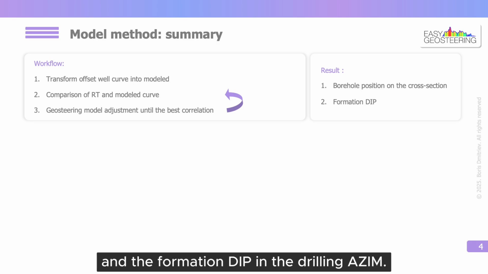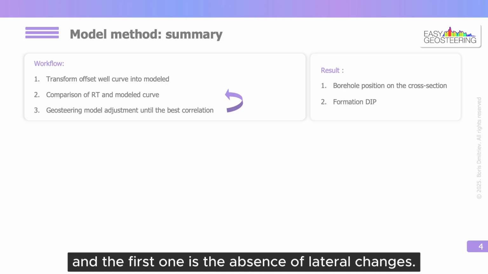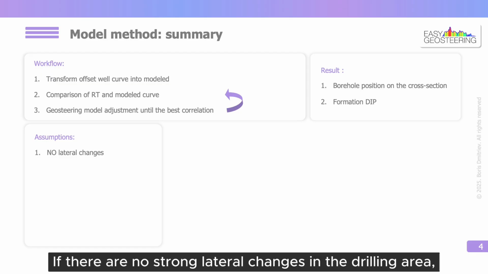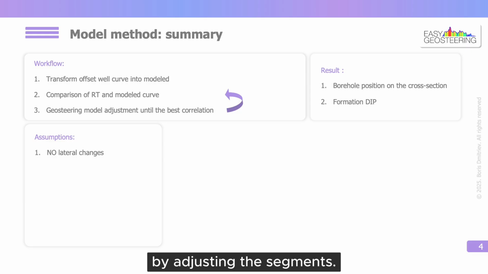Okay, next. This method can work properly under two assumptions, and the first one is the absence of lateral changes. If there are no strong lateral changes in the drilling area, we can achieve a good correlation between the curves by adjusting the segments.